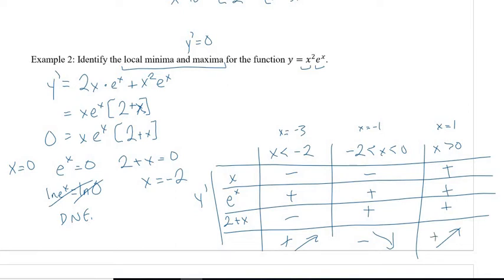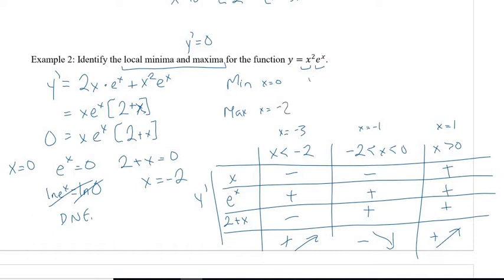So that means that we're going to have a local minimum at x equals 0 and a maximum at x equals -2.